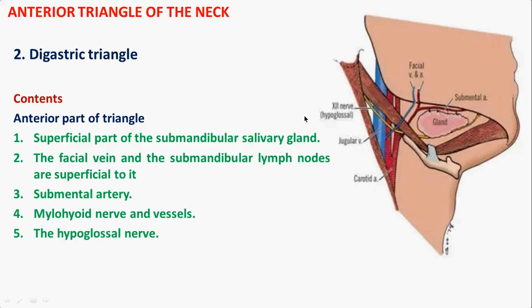What are the contents? This is the anterior part and this is the posterior part of the digastric triangle. In the anterior part, we will see the submandibular salivary gland, superficial part, facial vein, and the submandibular group of lymph nodes, submental artery, mylohyoid nerve and vessels, and the twelfth, the hypoglossal nerve.